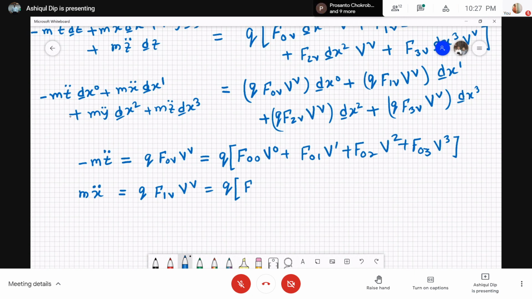No, the nu is the second index, so it's 0 1 0. Oh, sorry, yes, f10 v0, yes, exactly. Then f11 v1 plus f12 v2 plus f13 v3.